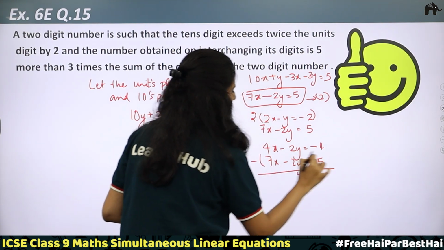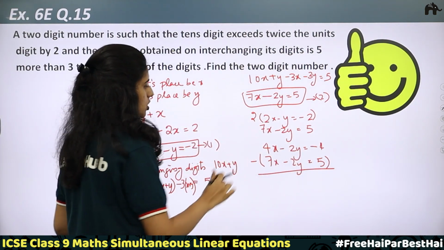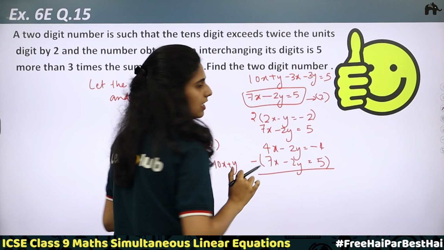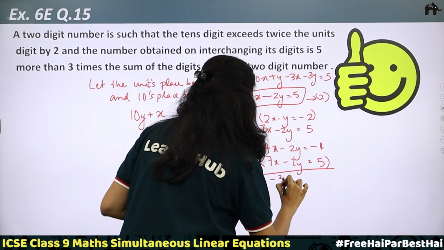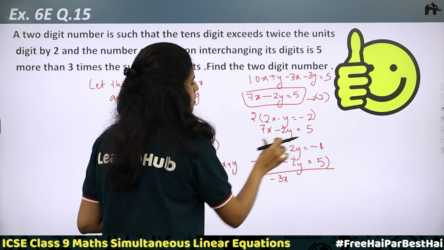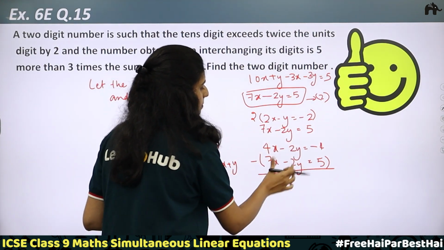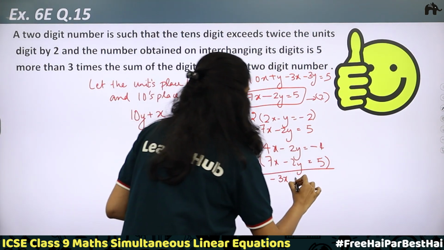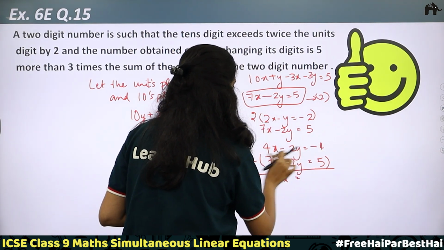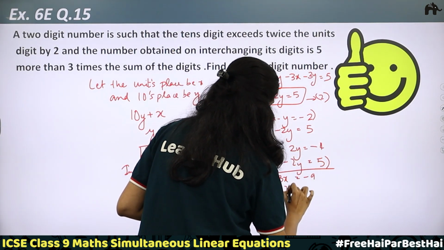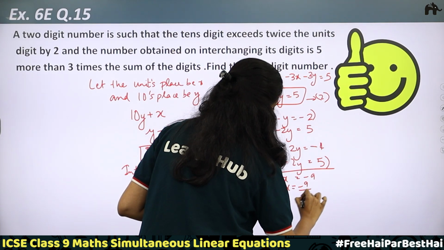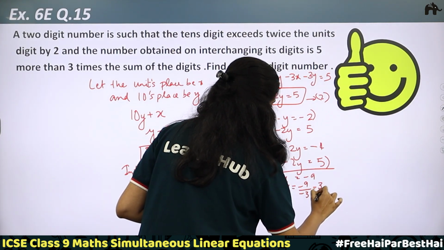Now, subtracting the second equation from the first equation. 4x minus 7x. What is it? Minus 3x. Okay. Minus 2y minus of minus 2y, minus 2y plus 2y, which is 0, is equal to minus 4 minus 5, minus 9, which means x is equal to minus 9 by minus 3, that is 3.